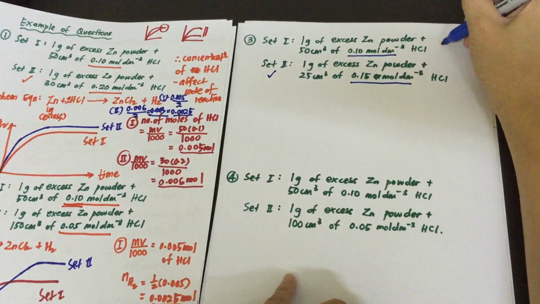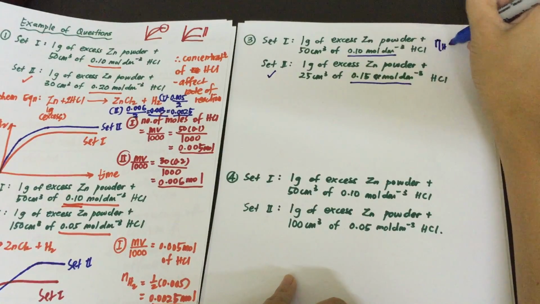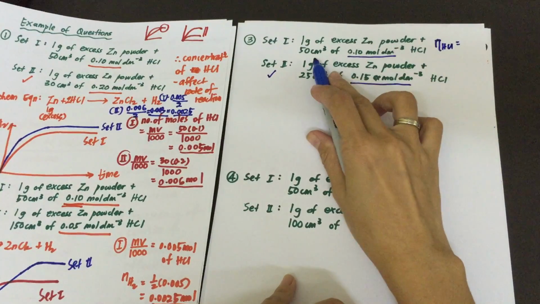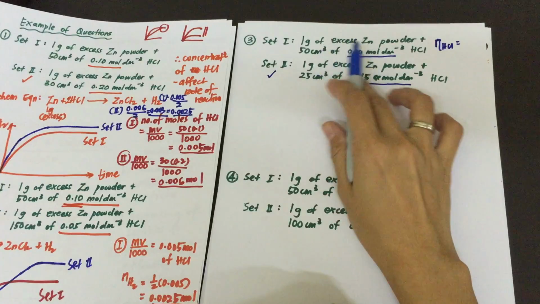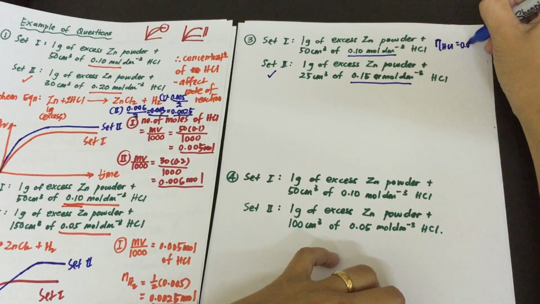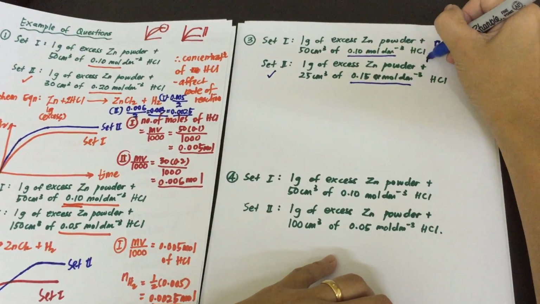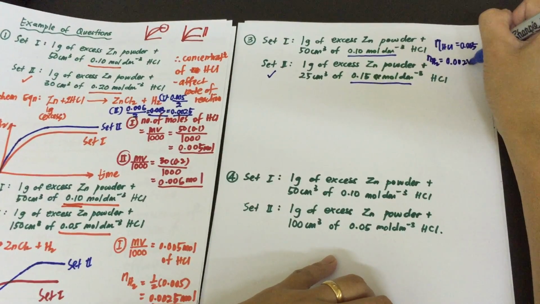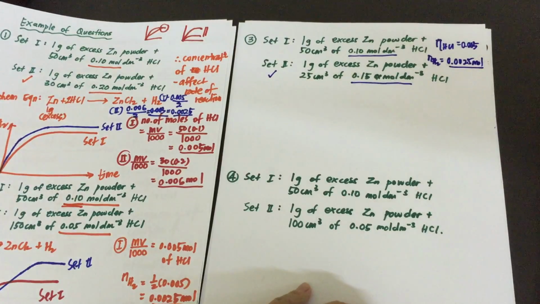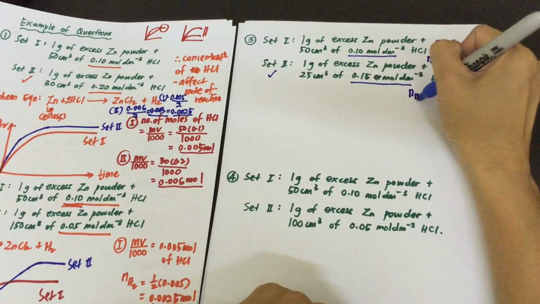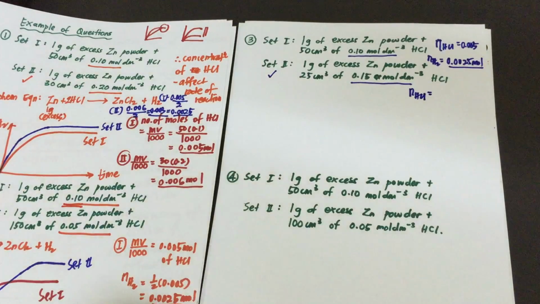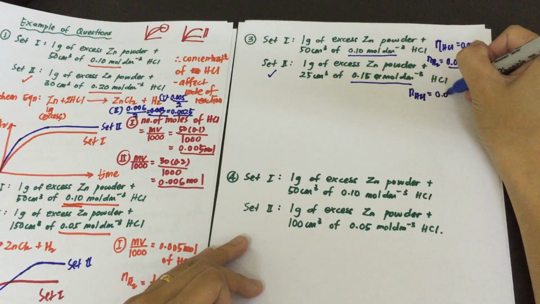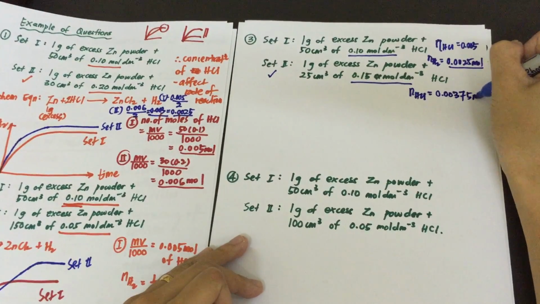And also, by looking at the mole of HCl, for set 1, 50 multiplied by 0.1 over 1000 will give you 0.005 mole. So the number of moles of hydrogen will be half of 0.005 according to the equation, which is 0.0025 mole. While for the second set, the number of moles of HCl will be 0.00375 mole.